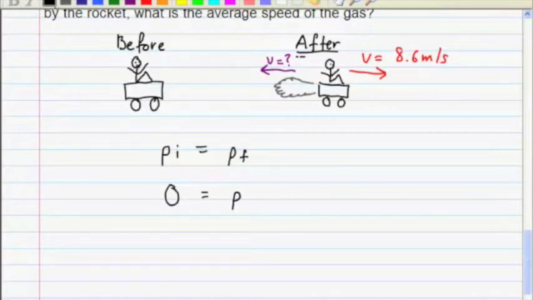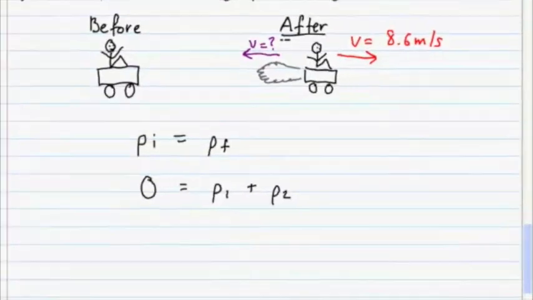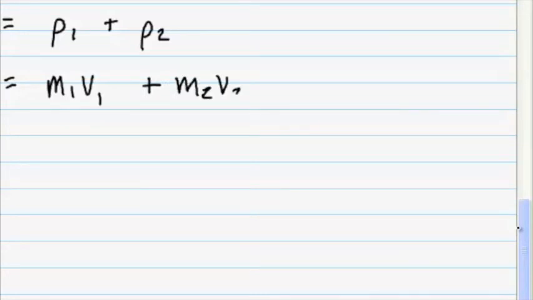So I'll call this P1 for Landon's momentum, plus the gas is moving backwards, I'll call that P2 for the momentum of the gas. This is our conservation of momentum. We know that momentum is equal to mass times velocity. So this is like m1 v1, and this is m2 v2. And this whole thing has to equal 0.